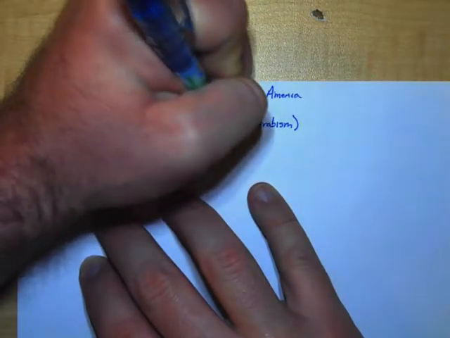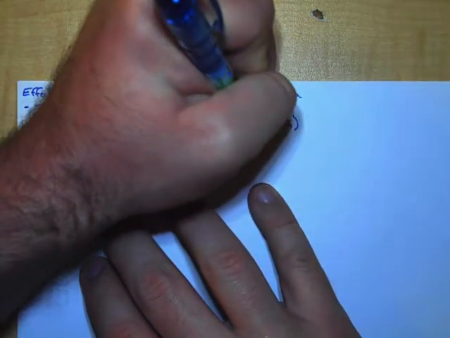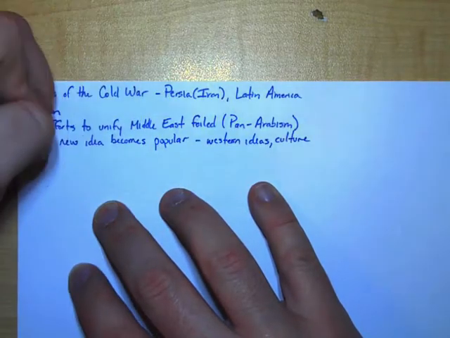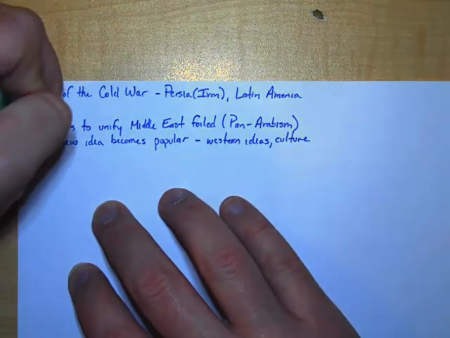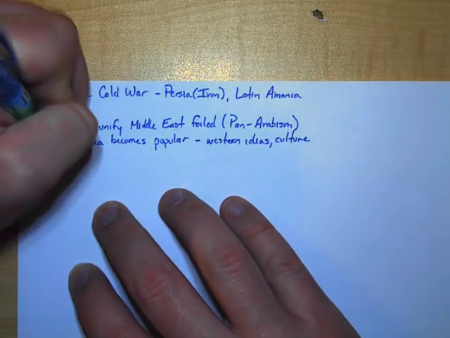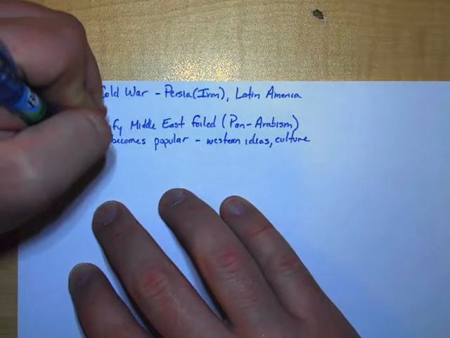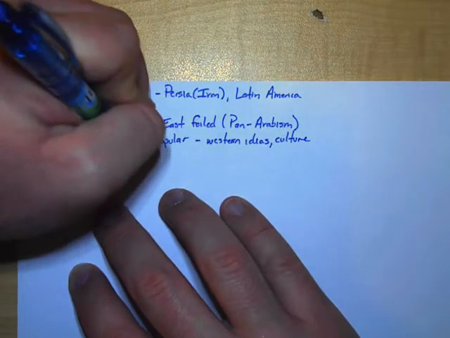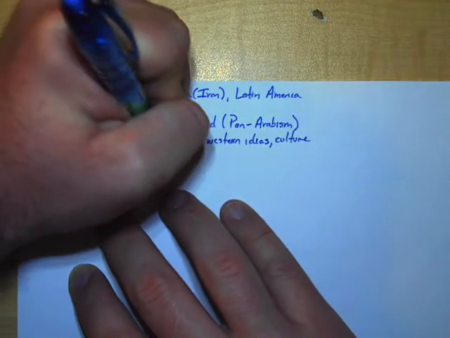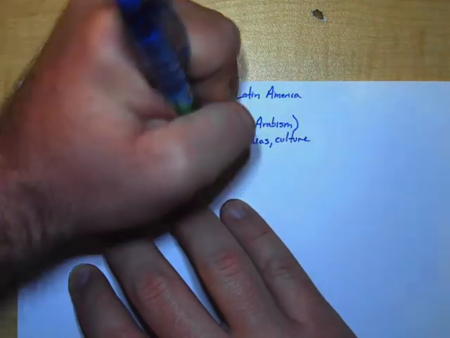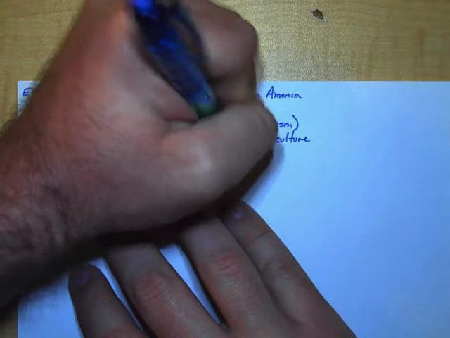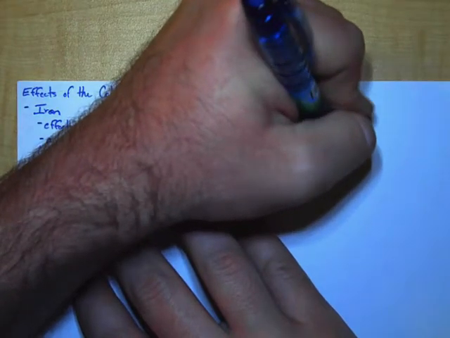And that was that Western ideas and Western culture, basically these ideas from the Enlightenment, like democracy or equality or freedom of speech or religion.